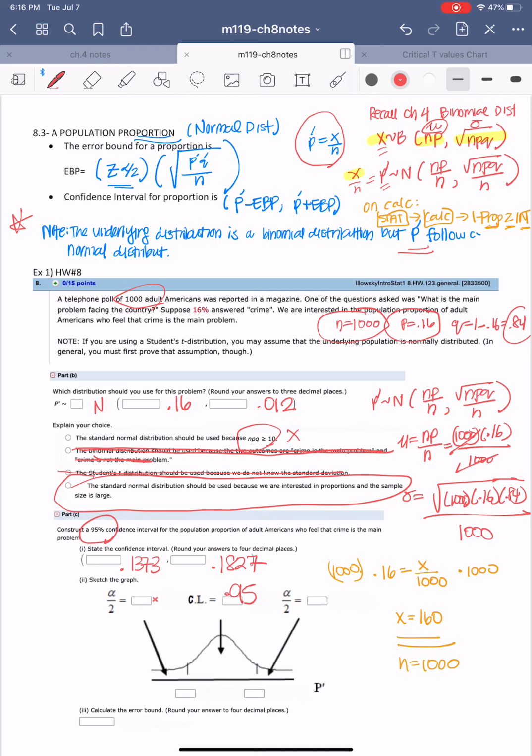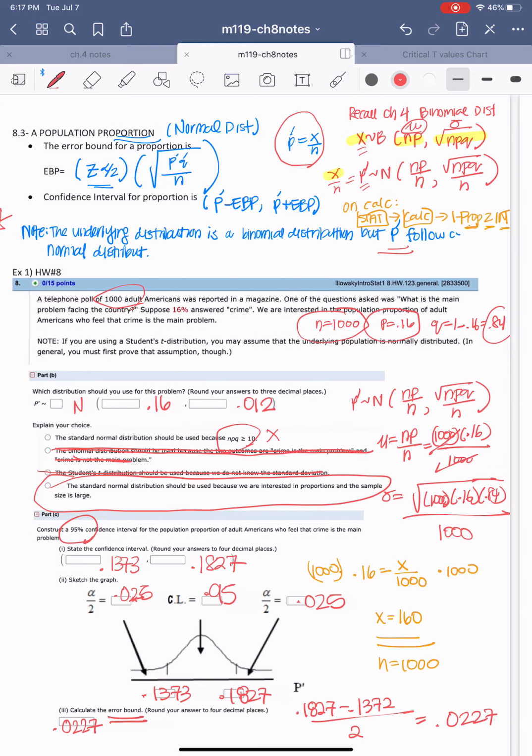So that makes 5% inaccuracy, but dividing by 2, we each get 0.025. The 1-PropZInt said 0.1373, 0.1827. How do we calculate the error bound? Upper minus lower divided by 2, just like we did with the previous two sections. Rounding to the 4th decimal place, I'm getting 0.0227. Okay?